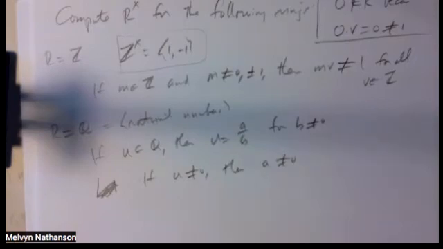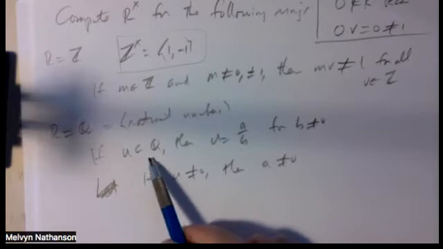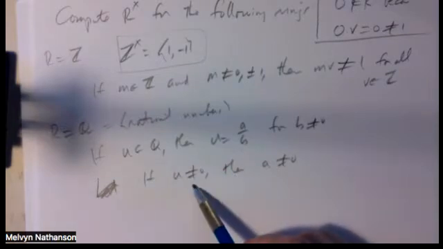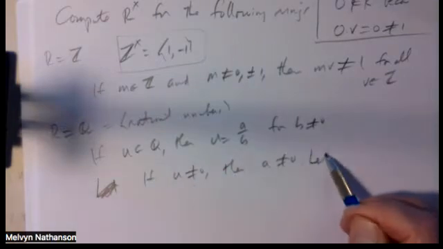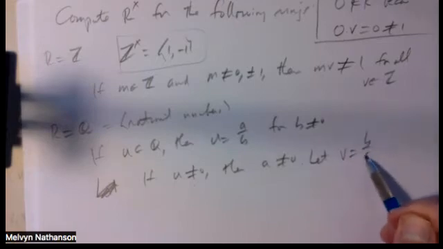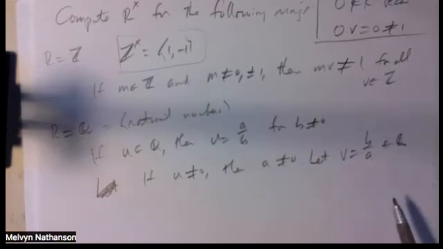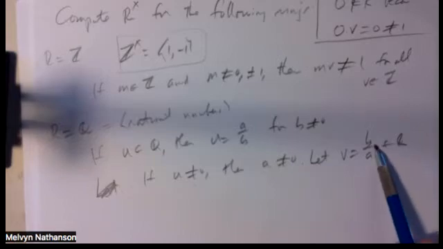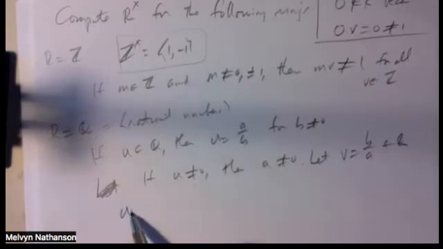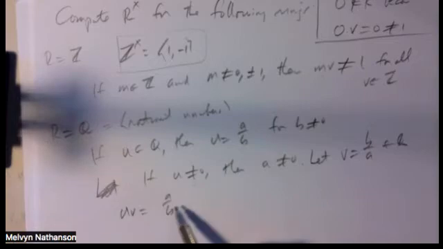Denominator can't be 0. So suppose you take a non-zero rational number. Suppose we let v equal b over a, which is another rational number, because a and b are non-zero. uv is a over b times b over a, which is 1.